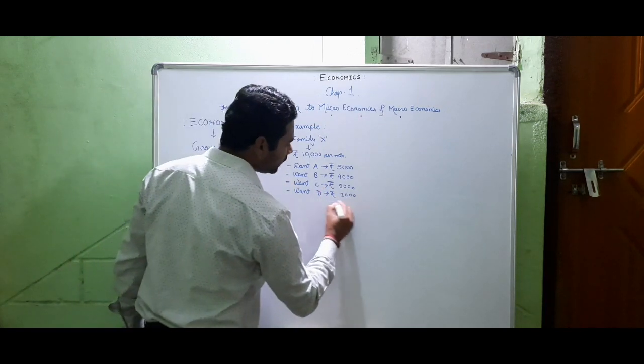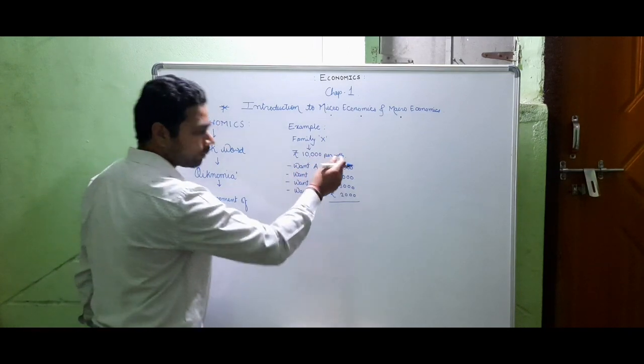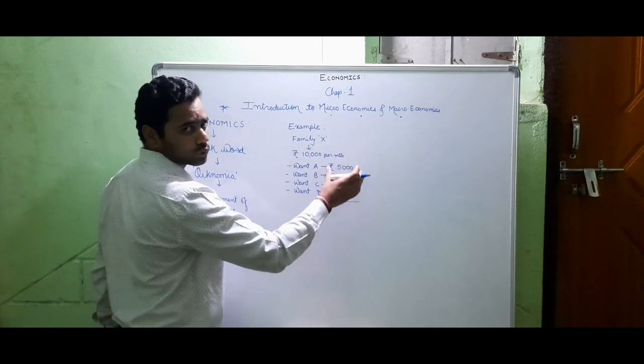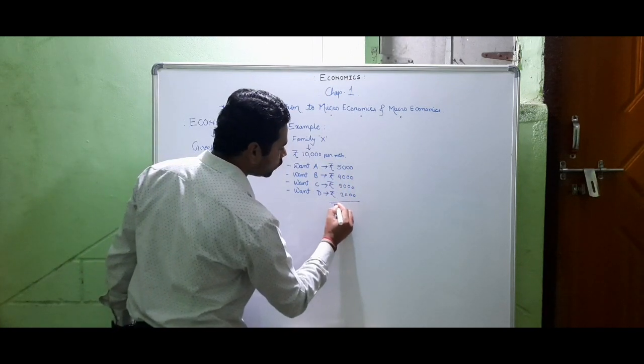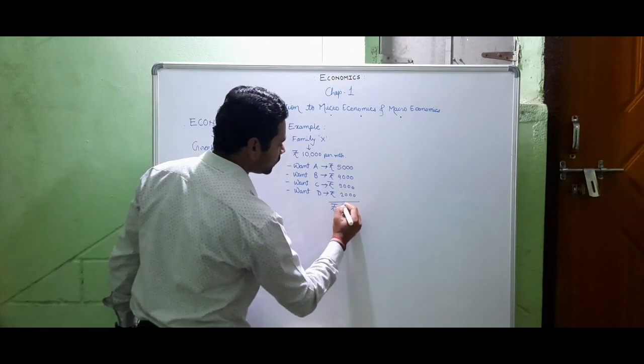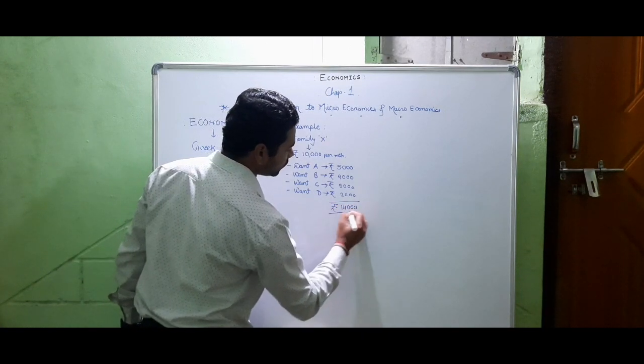So if we make the addition of all these wants, okay, the amount which is to be spent on this wants, it will amount to rupees 14,000.